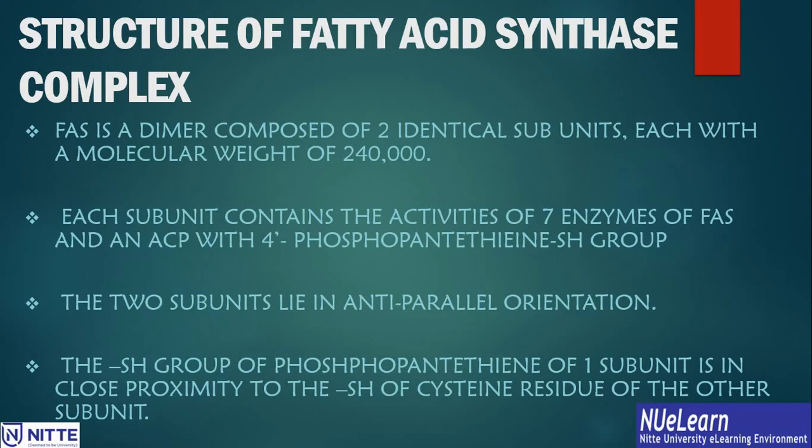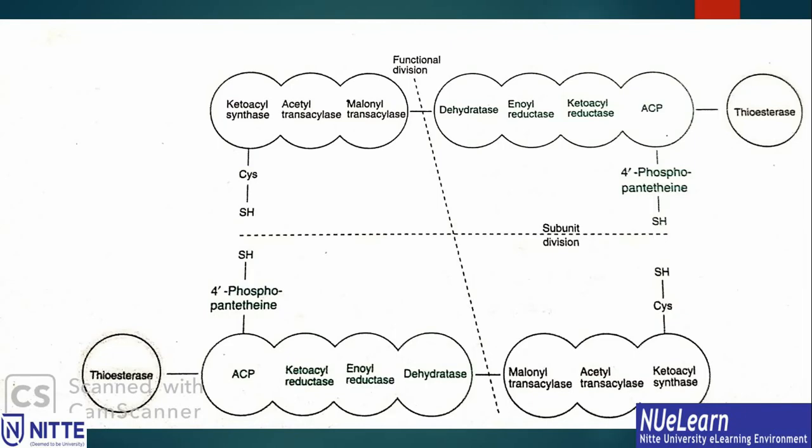Each of these identical subunits has a molecular weight of 2,40,000. Each subunit contains the activities of 7 enzymes of fatty acid synthase and an ACP with a 4' phosphopantetheine SH group, as you can see in the slide.